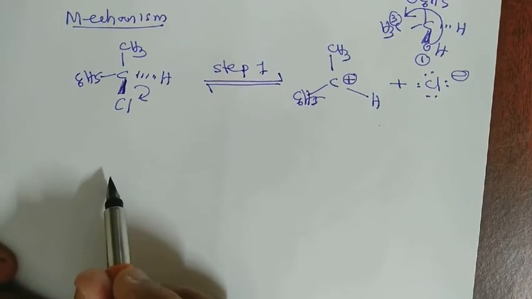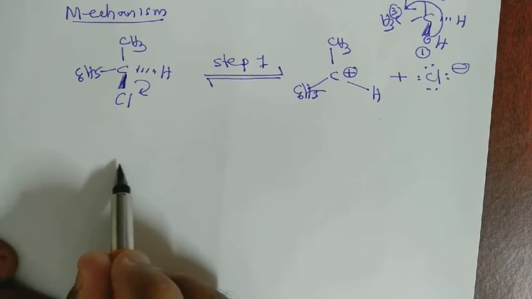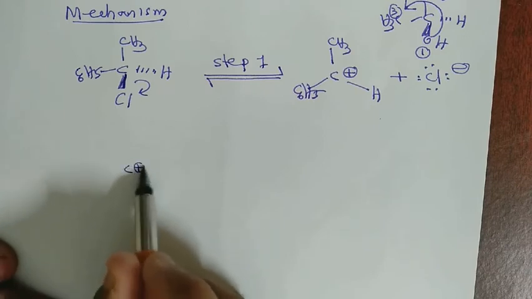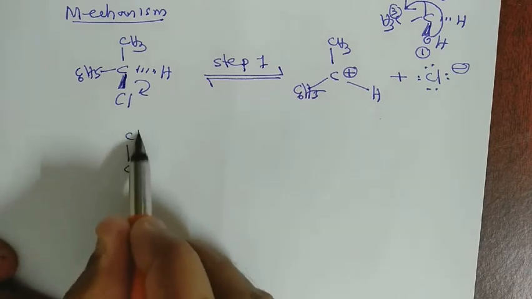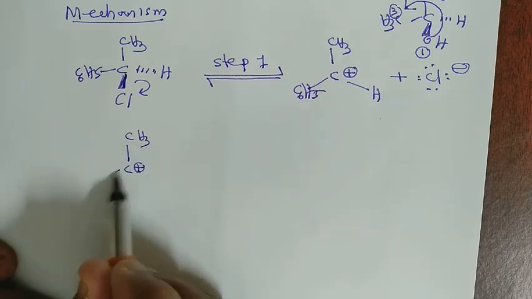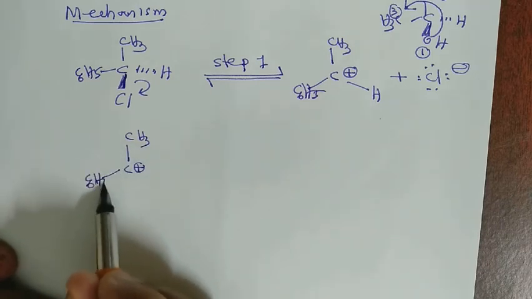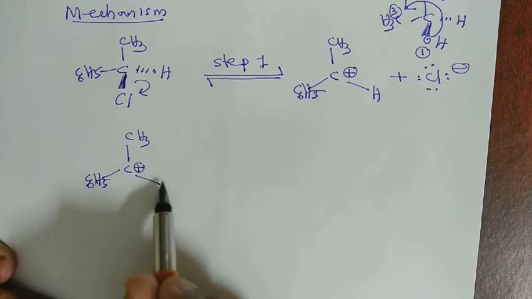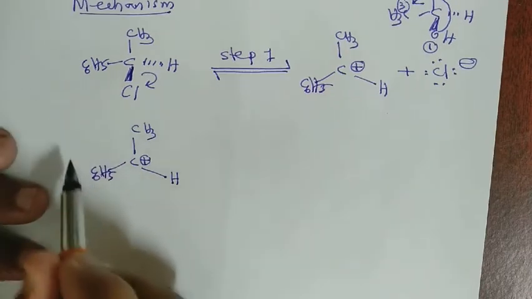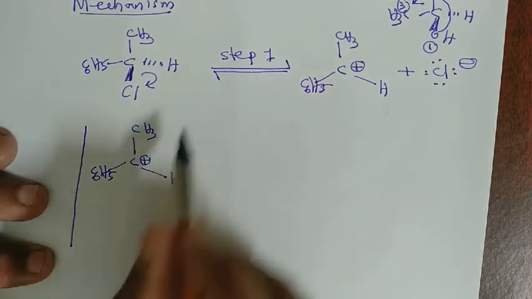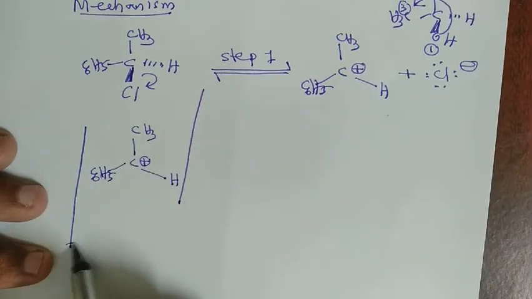Now, in the second step, OH minus combines with this positively charged carbon atom of the carbocation intermediate. It is a planar species.